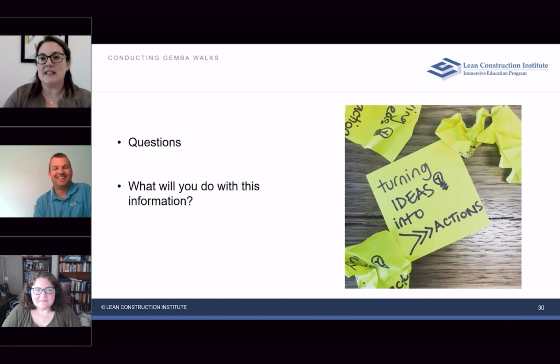Well, I was looking at it more as the problem solving, right? And going to Gemba, like you said, we know it's there, and if we're already planning for it, if we're already putting it into our pull plans, if we have it on our constraint boards and we're communicating, but being able to go out into that area, being able to go to the job site, being able to look at the aspect of, okay, if we're putting the air handler into place, what is the work that gets done for that?